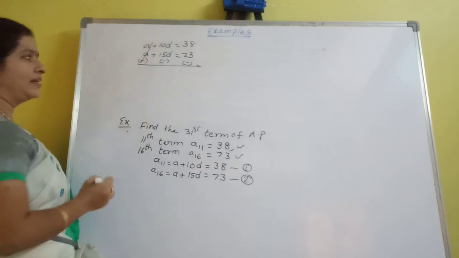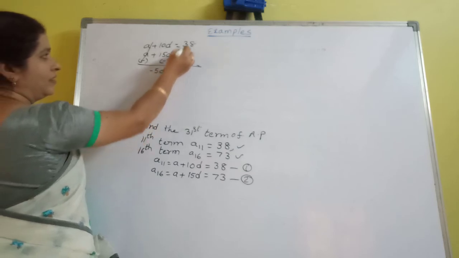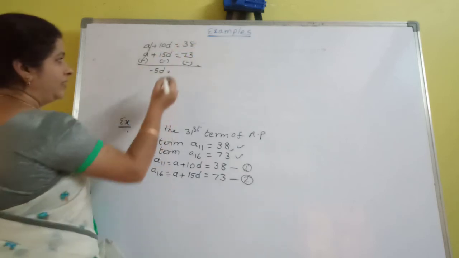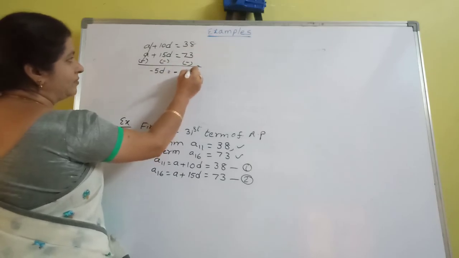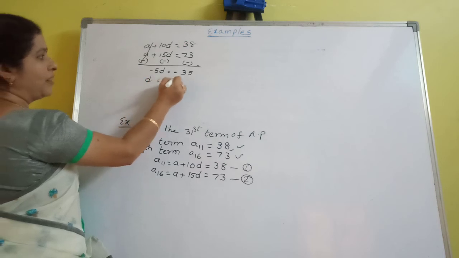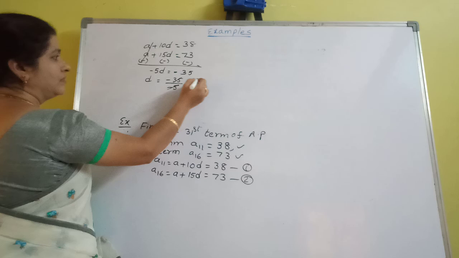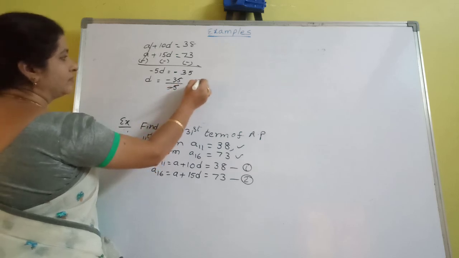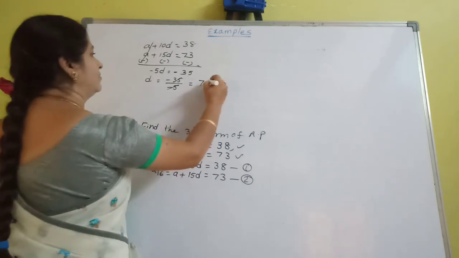So A gets cancelled. 10 minus 15, it is minus 5D. 38 minus 73, it is also a minus value, minus 35. So D value equal to minus 35 by minus 5. So D value we got 7 here.